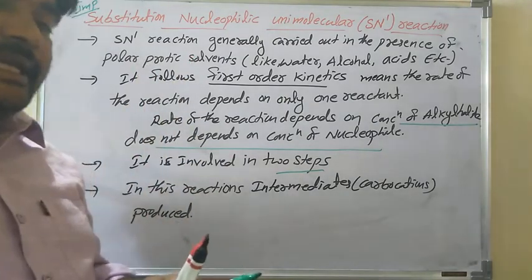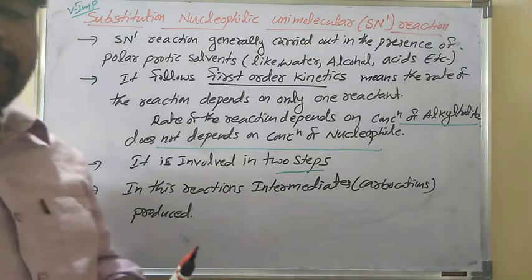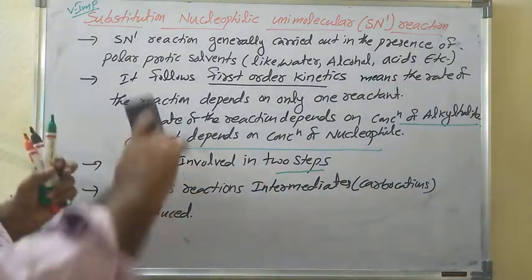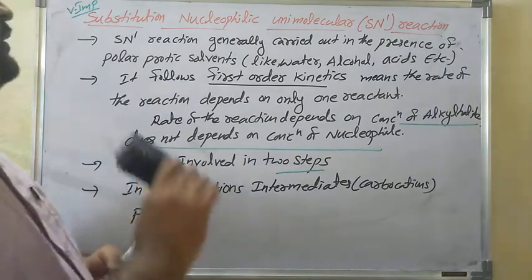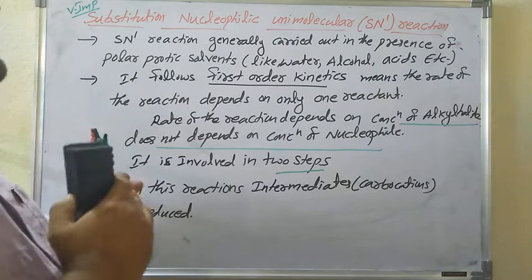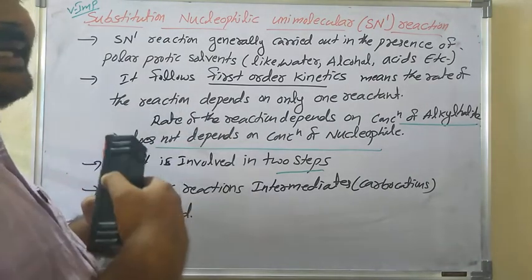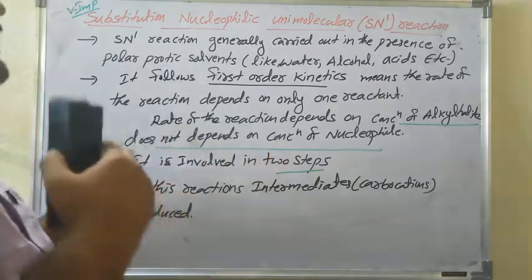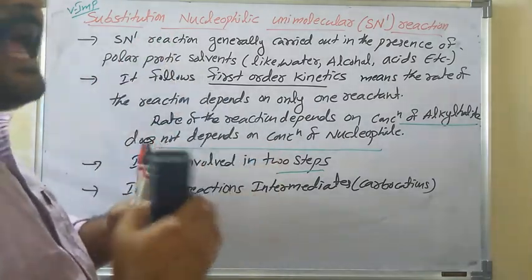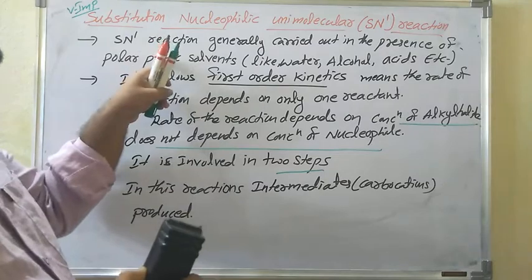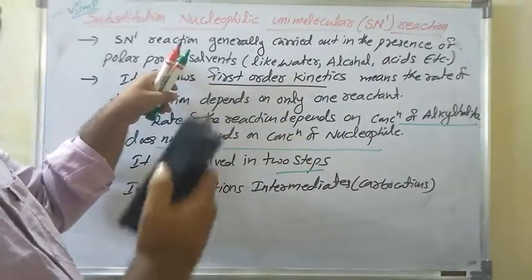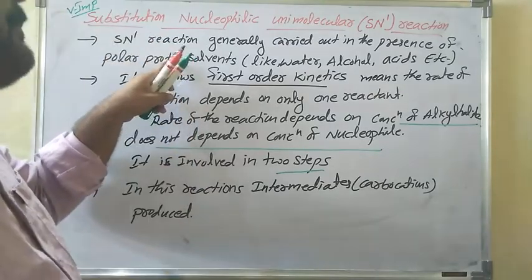See, let us discuss one example. The SN1 reaction is in the presence of what? Polar protic solvents like water. Polar means compounds that dissociate into ions. Protic means compounds that act as hydrogen bond donors are called protic solvents. Hydrogen bond donor solvents are called protic solvents. Hydrogen bond acceptors are called aprotic solvents.